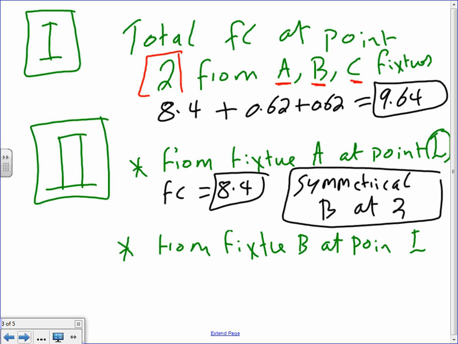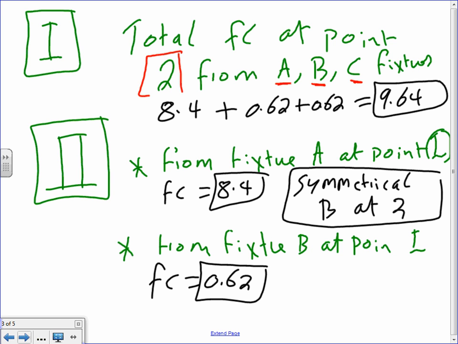That's a piece of cake. All right, so how about from fixture B at point 1? Do I need to do that? B at point 1 is exactly like A at point 2, right? Symmetrical. So that calculation is done for you. So foot candle equal 0.62. See how nice that is?